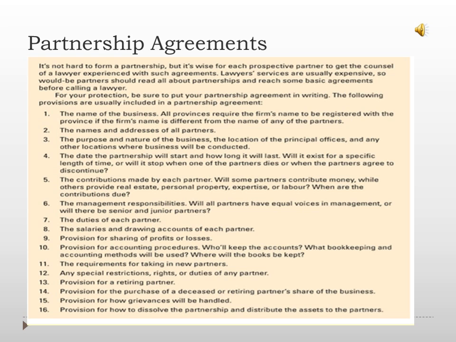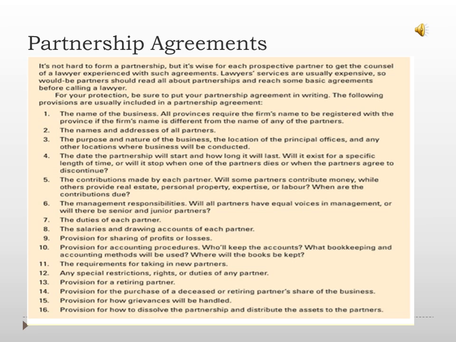How much money are they required to invest and perhaps keep in the business? The partnership agreement should outline the duties and responsibilities for each of the partners to avoid some of the conflicts that may arise later on. It should also indicate whether the partners are going to be paid some salaries, what those salaries are, and how the draws of the partnership will work.